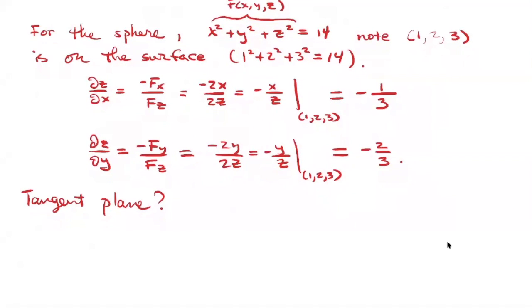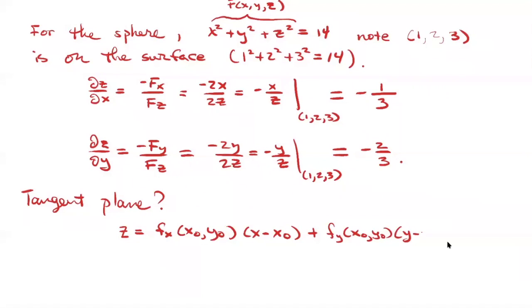Just to remind you that z is fx at x naught, y naught, times x minus x naught, plus fy at x naught, y naught, times y minus y naught, and then plus z naught. Okay. So the partial of z with respect to x, that's your fx. The partial of z with respect to y, that's your fy. So you can just write this down.